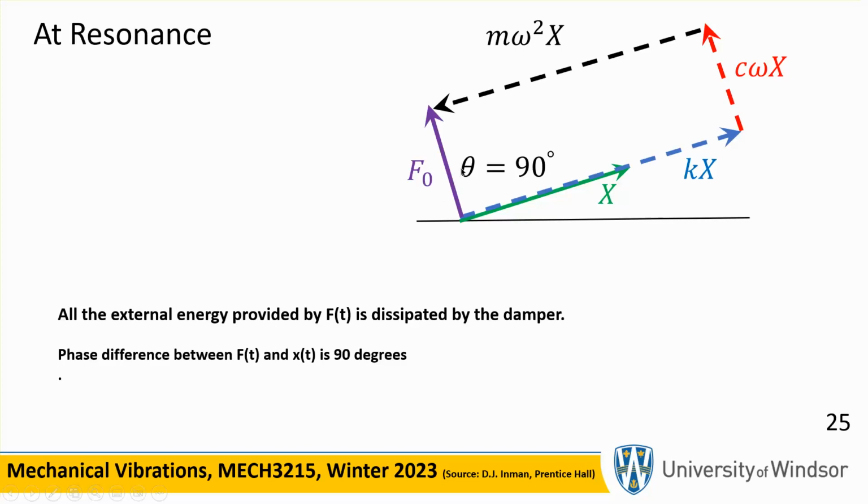Obviously that's what this 90 degrees means: the phase difference between the displacement x of t and force f of t is 90 degrees. Inertial force is completely balanced by the spring force. All the external energy provided by this machine that's vibrating is going to go into damping at resonance.